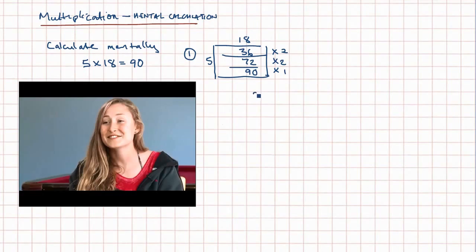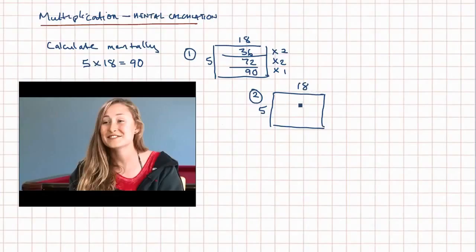Okay, now a slightly different and more common method is to change the rules of the game, which I think is often a very good idea. So several students said, well, 5 I can't really do anything with, but the 18 I know I can split into 2 parts and it will make life easier if I do that.